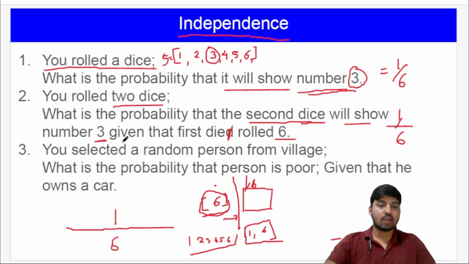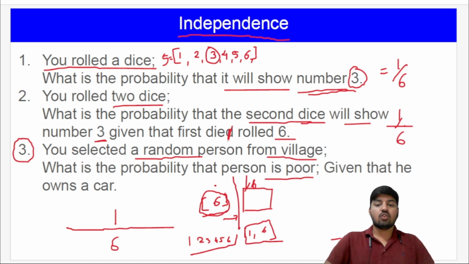Now you see the third example. We will not calculate this one, but for intuition, this is an example of dependence. Say you have selected a random person from a village. Now I'm asking, what is the probability that the person is poor, given that he owns a car?